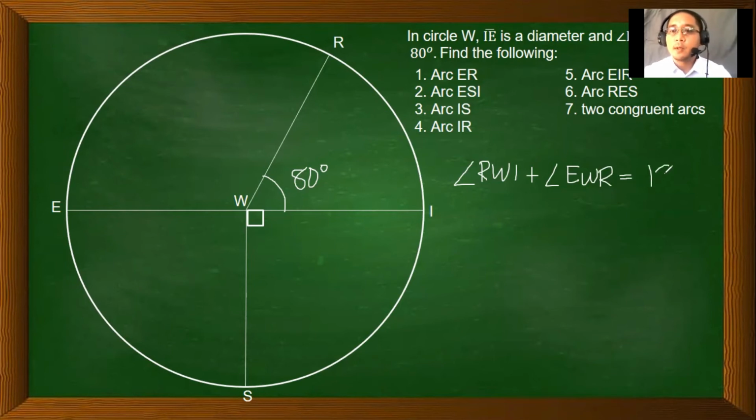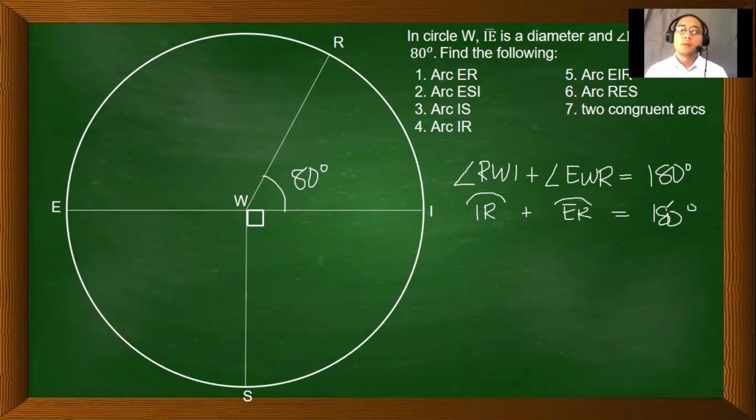So that is 180 degrees, which is equivalent to the arc. Arc IR, if you add the arc ER, the result is 180 degrees. That is the arc addition postulate or angle addition postulate. So all we need to do is substitute all the given, and the missing would be the arc ER.